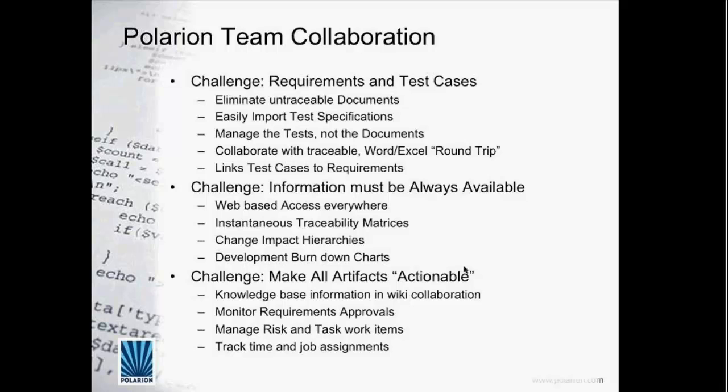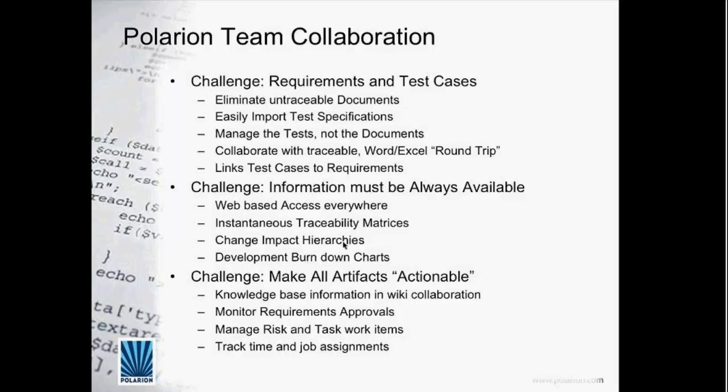Those wiki pages can be collaborated by peers to include information as well as reporting data from Polarion itself. We can use these wiki pages to monitor the requirements and other artifact approvals and directly manage the task items. We can also use artifacts to track time and job assignments.